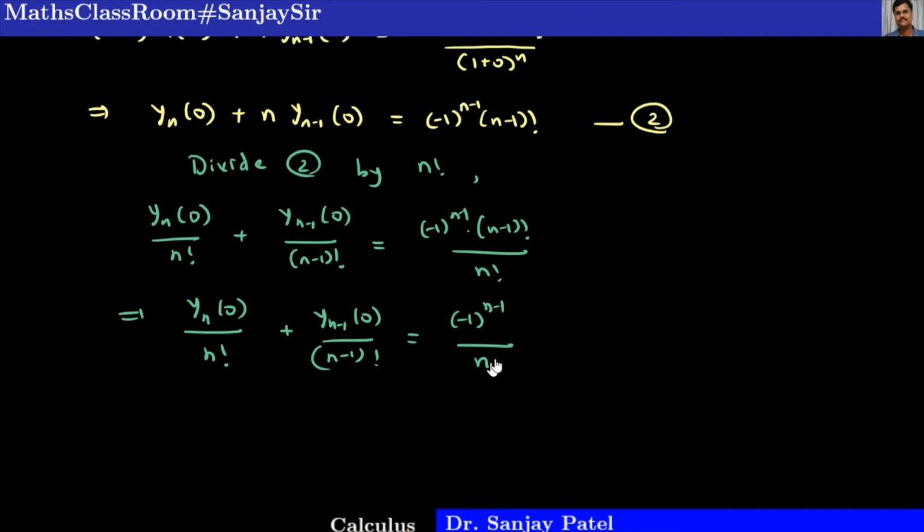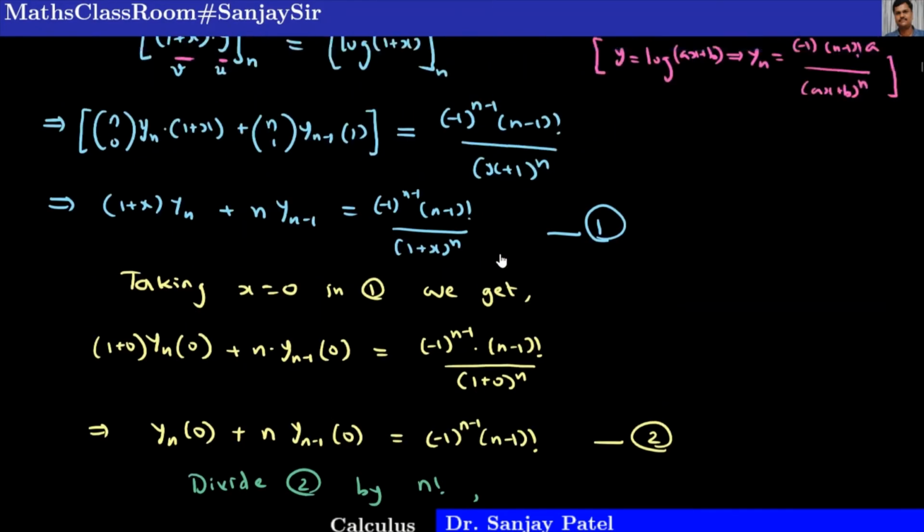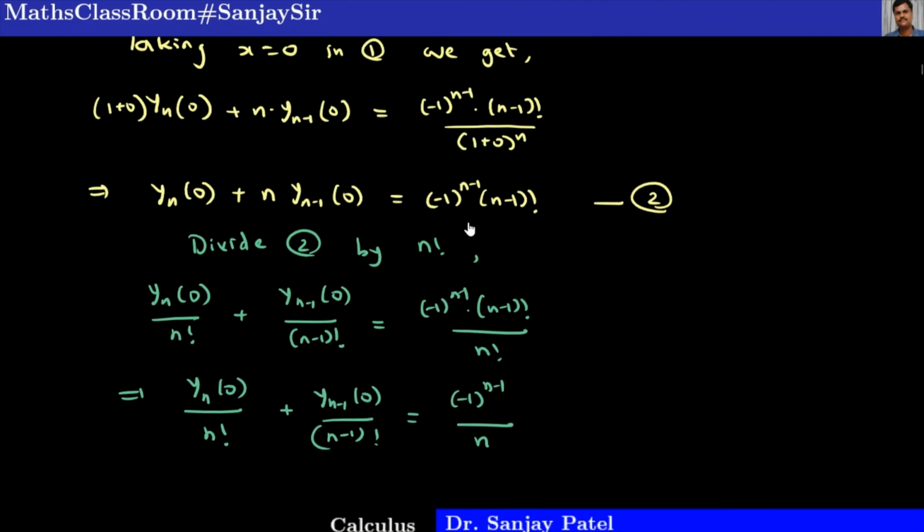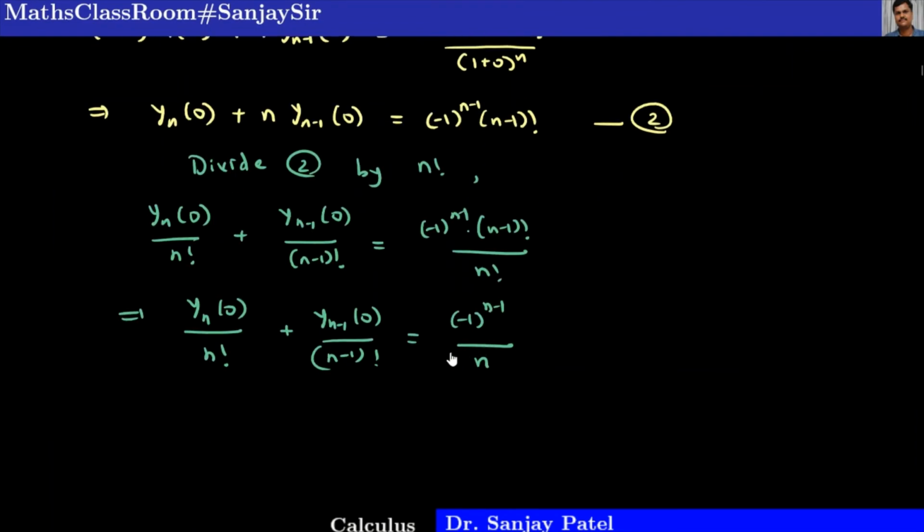Now let us observe the result. Yes, we want minus 1 raised to n plus 1 here. So let us multiply this equation by minus 1 raised to n on both the sides.